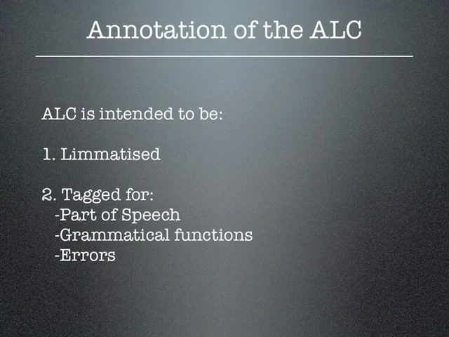Let's move to another aspect relating to annotation of the corpus files. The corpus is intended to be lemmatized, and tagged for some linguistic features, including part of speech, grammatical functions, and errors.